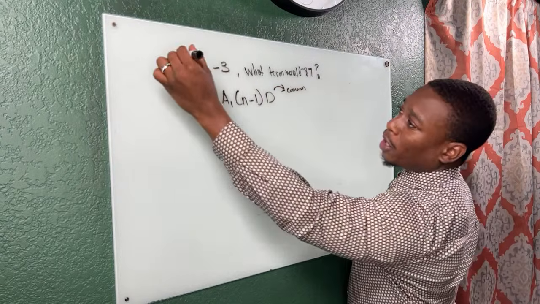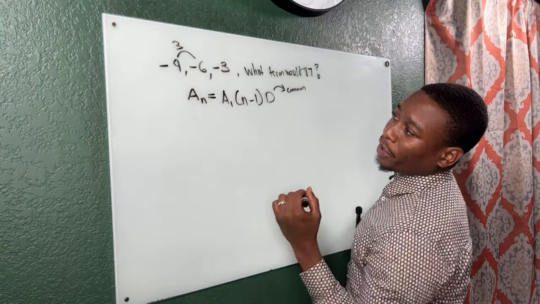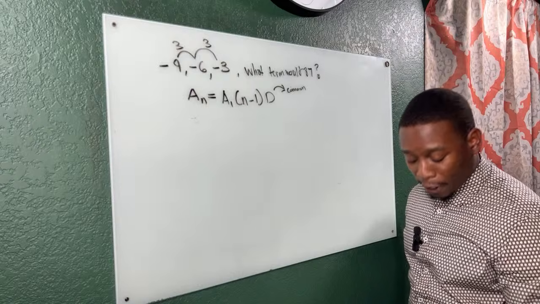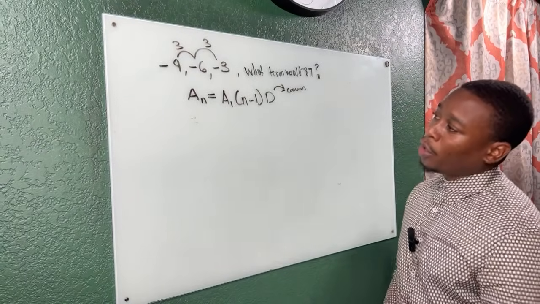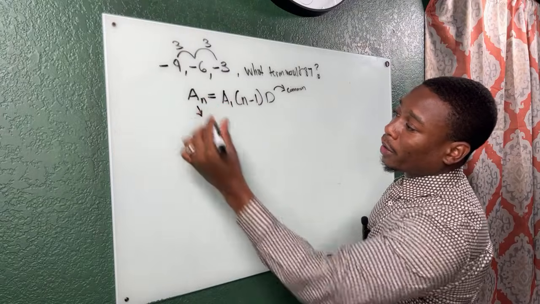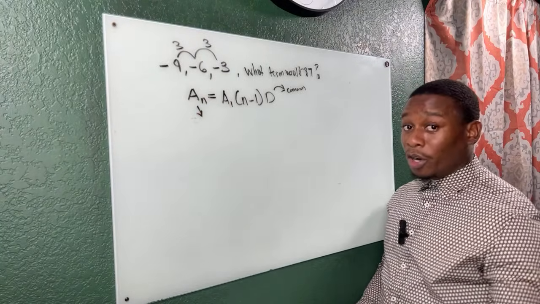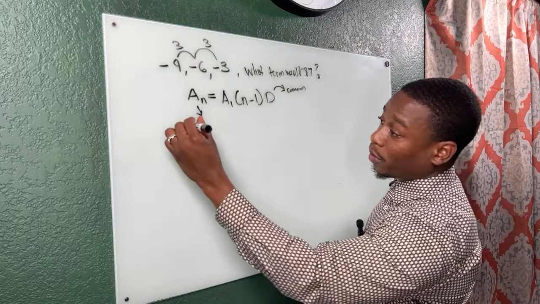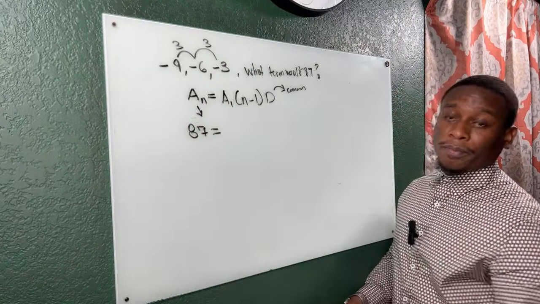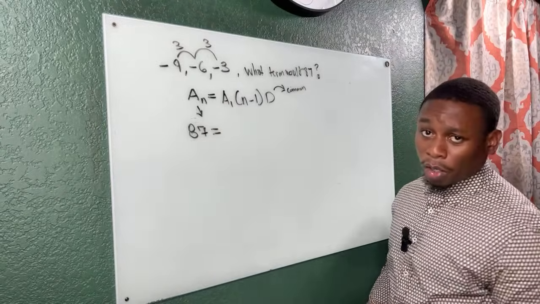When we look at this, we have a common difference of 3, and we have another common difference of 3, right? And with this, we're going to start plugging it in. So a sub n is just the term, or basically the number in the sequence. They told us it's 87, right? That is the number. Now we go over to a.